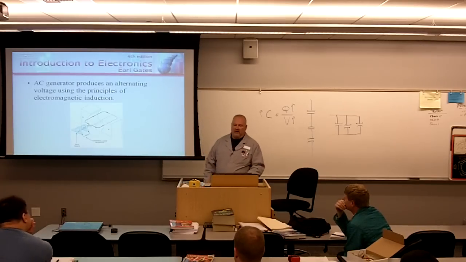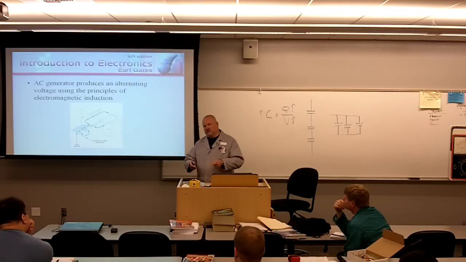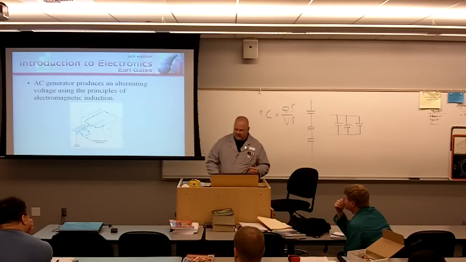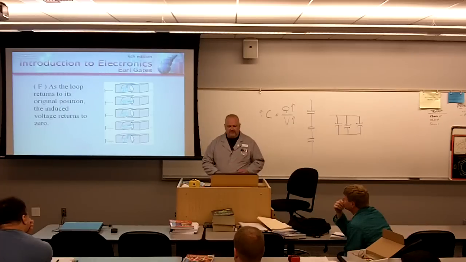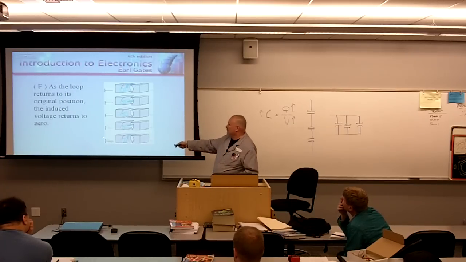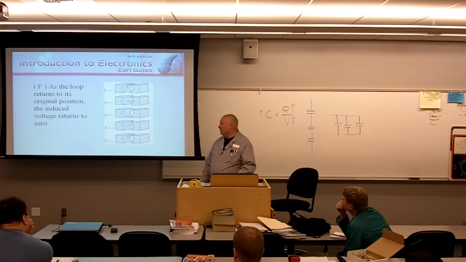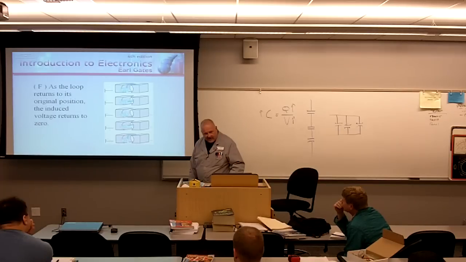That means we harness the entire alternation of the armature through the magnetic field. So we get that 360 degree waveform out of it. And basically, as we rotate this armature through, we create the positive alternation, and then the negative alternation, and then we repeat the cycle.